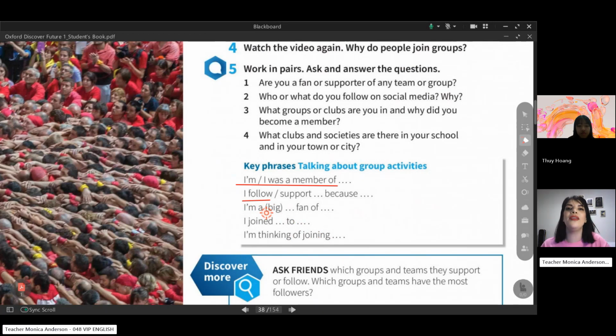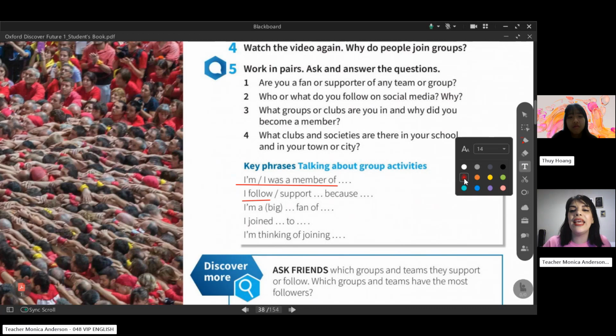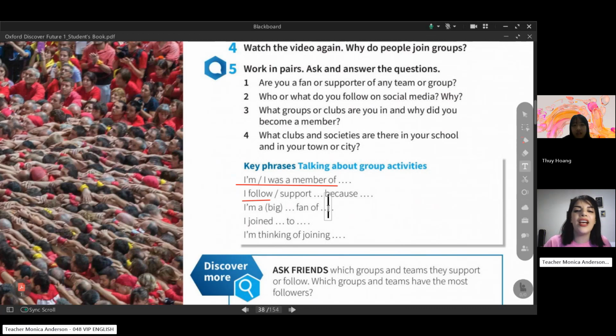I support Blackpink. It means I'm a fan of them. I follow them because they are good singers. I'm a big fan of Blackpink. It means I really like them.